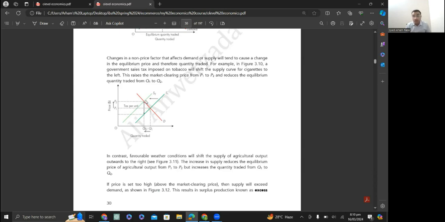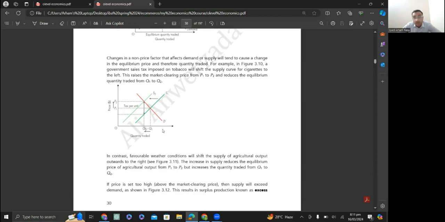For example, here we can see that there is an inward shift in the supply curve, which led to an increase in the price of the good and reduced the quantity demanded, because earlier S1 and D were intersecting over here, and now due to a decrease in the supply we can see an inward shift in the supply curve which reduced the quantity traded from Q1 to Q2, and now this is the new equilibrium. So the supply of the product reduced, which led to a price increase from P1 to P2. The distance P1 P2 is your tax per unit.